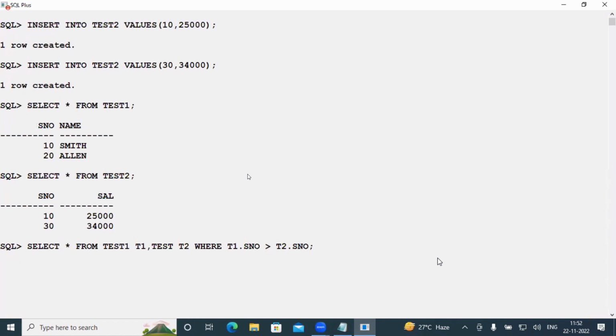So after executing this query, to see your final output, observe what comes. Anybody guessing which people's data we will get? 20 and 30, yeah?